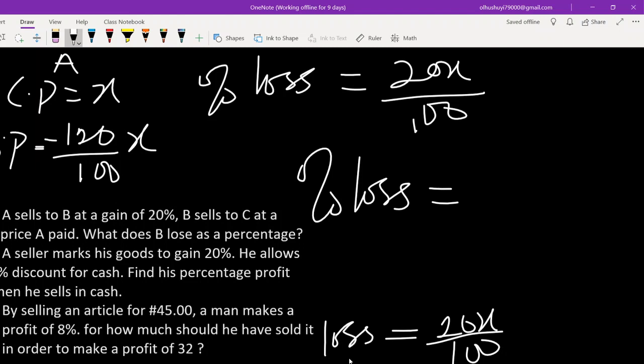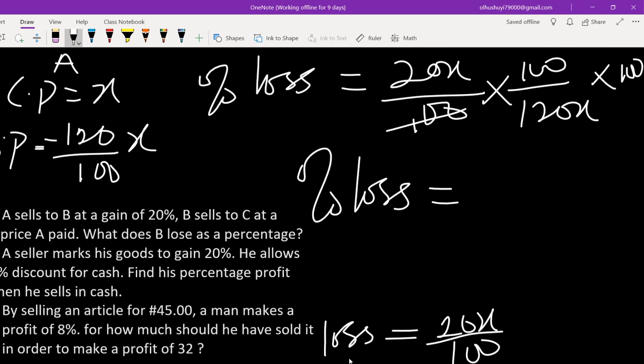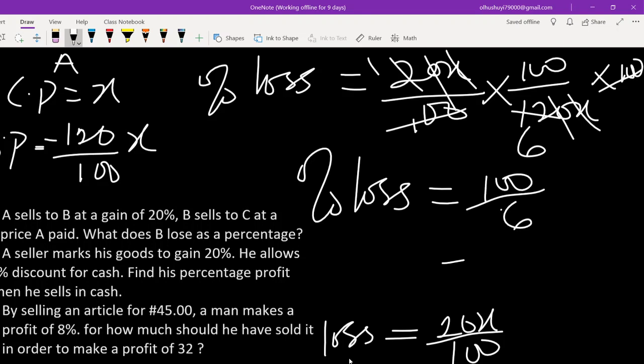divided by the cost price, and the cost price is the selling price of A. That will be times 100 over 120x, then times 100. This 100 goes with this, x goes with this, 2 here, 6 here. So everything becomes 100 over 6.